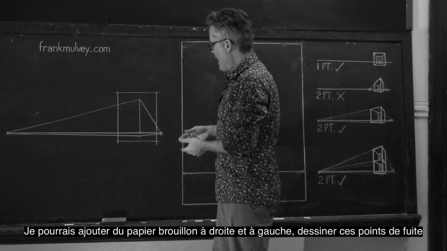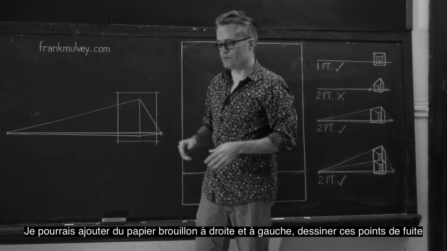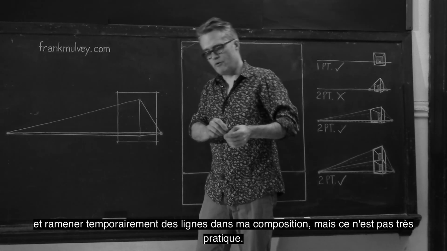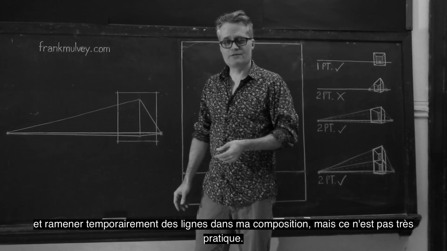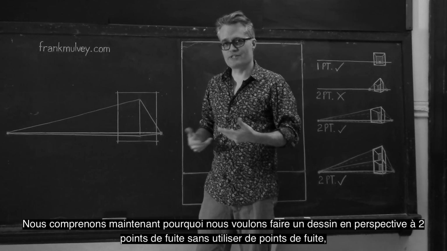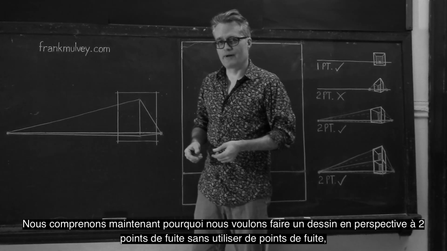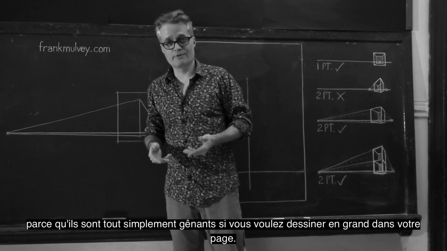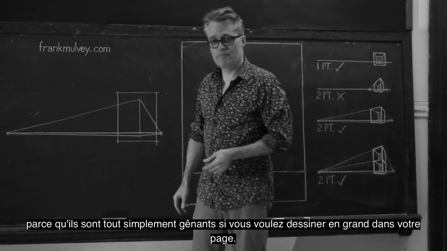I could add scrap paper to the right and to the left and draw those vanishing points and temporarily draw lines back into my composition, but that's not particularly convenient. So now we understand why we want to draw a two-point perspective drawing without the use of vanishing points, because they're quite simply a drag if you want to draw big in your page.